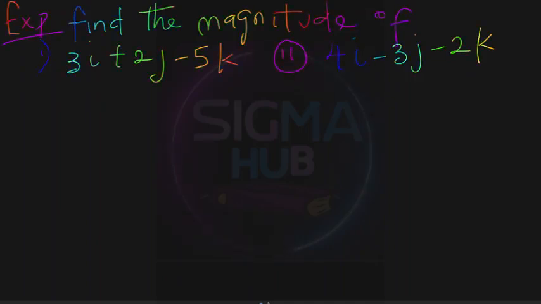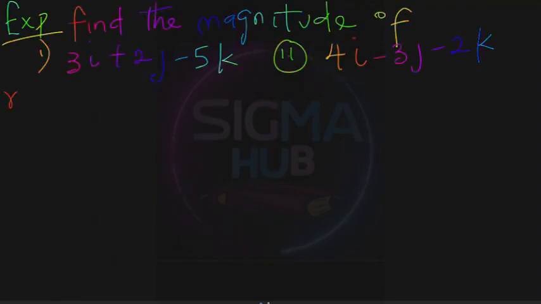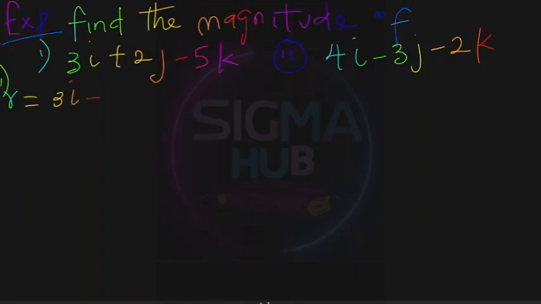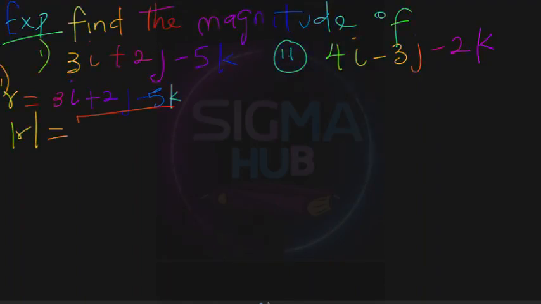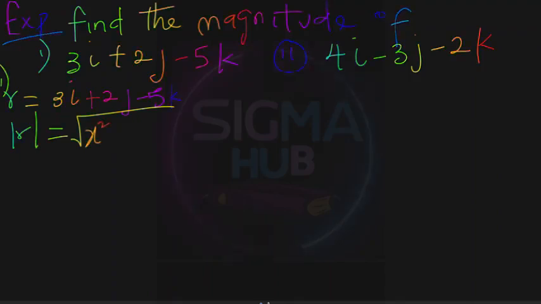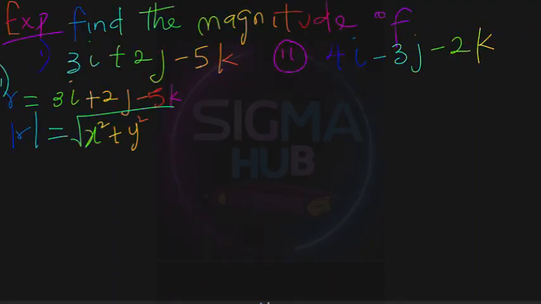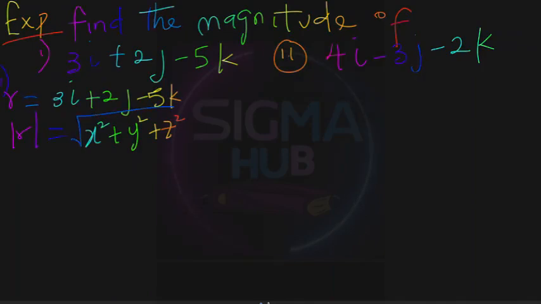So you're going to be using the same procedure to get the first one done. So let's agree that r equals 3i plus 2j minus 5k. And the modulus of r is given as the square root of x squared plus y squared plus z squared.